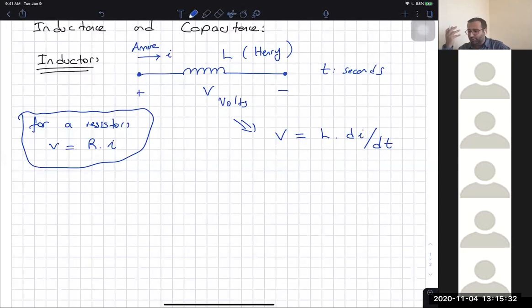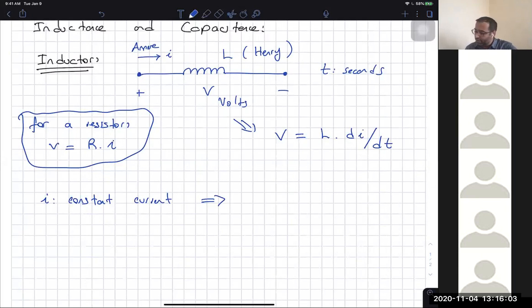So if you try to focus on this equation, you can imagine the intuitive functionality of this inductor. Since you only have a voltage drop here when there is a change in the current, basically, I can simply say that if I am applying a constant current, what is the voltage going to be? Nothing, 0. Yes, exactly. So if there's a constant current, its derivative will be 0.